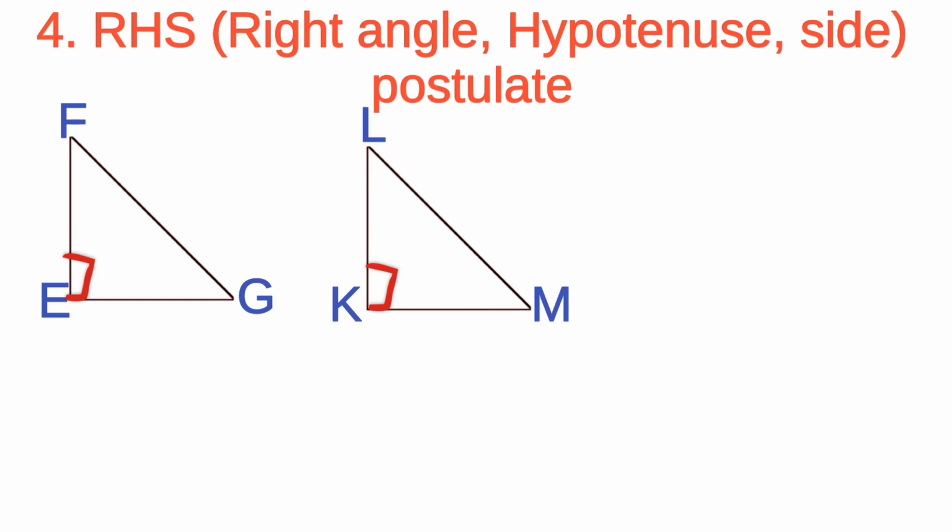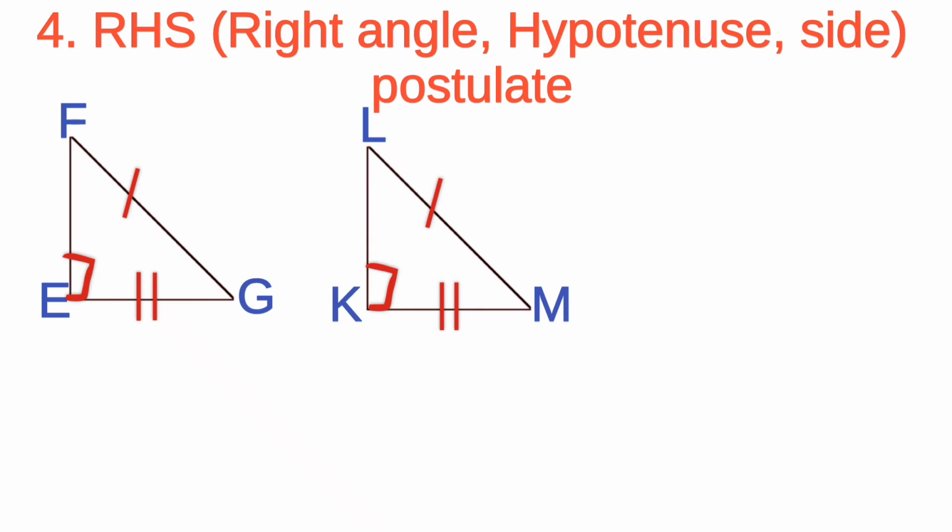And also, if side FG is congruent to side LM and side EG is congruent to side KM, then we can say that these two triangles are congruent triangles.